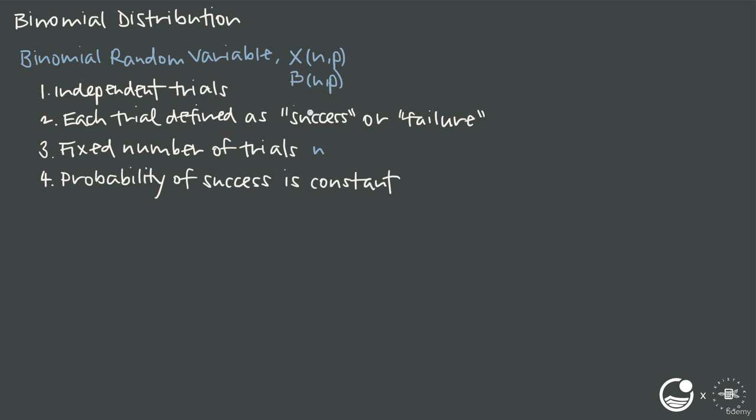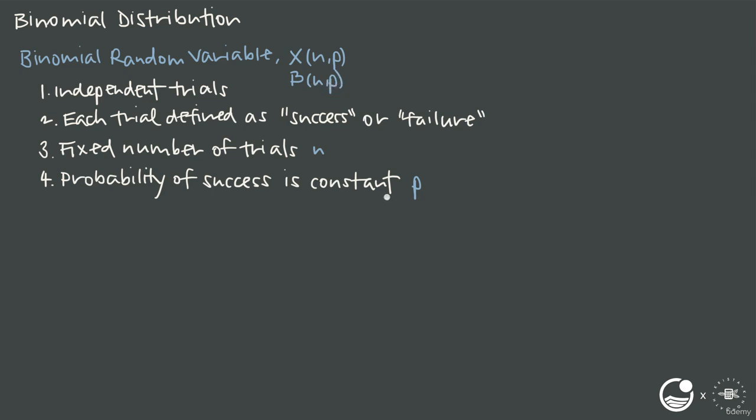If we want to model a situation with a binomial random variable, it has to stay constant. And that probability of success is this value p. So when we see a binomial random variable expressed as B(n, p) or X ~ B(n, p), these values indicate the number of trials that we're performing and then the probability of success on any particular trial.